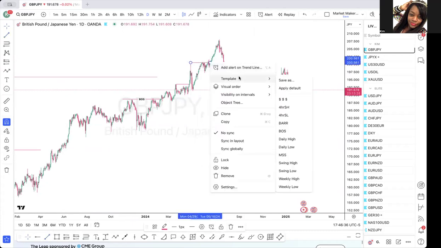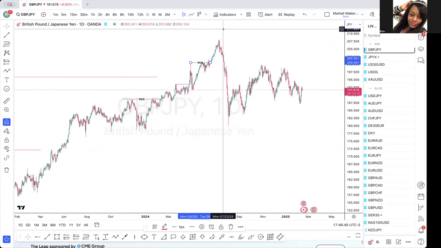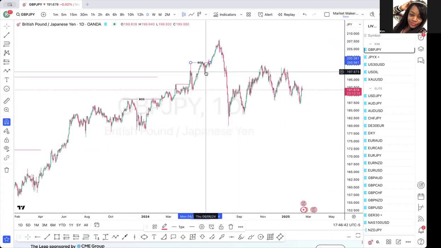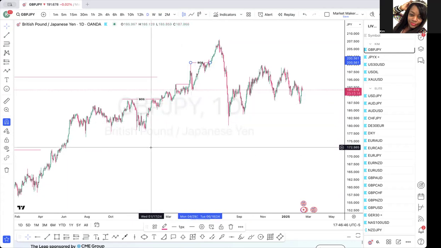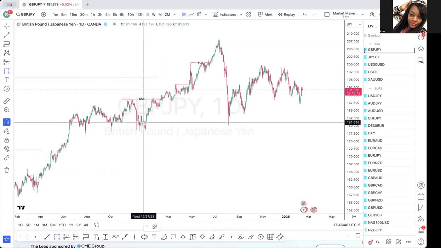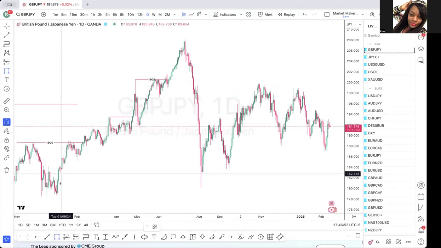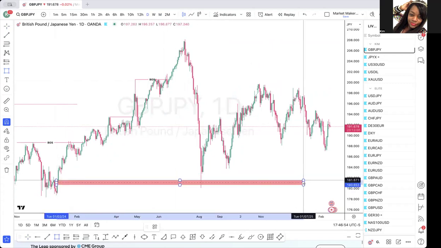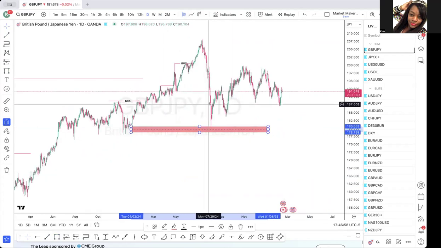All right. And once you started getting all these breaks of structure here, price came to this demand zone and then started pushing up.